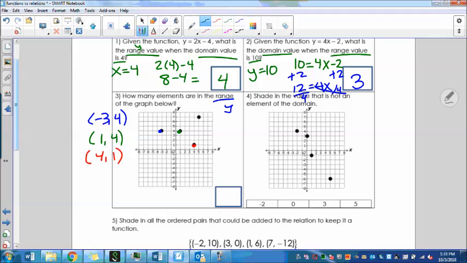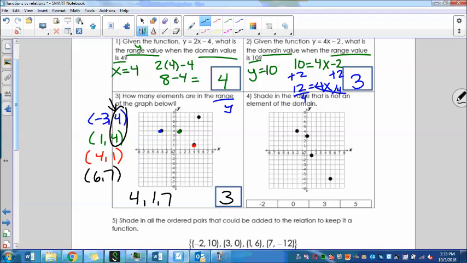And last we have 6, 7. So it says how many elements are in the range? Well, our range has 4, 1, and 7, right? It's our y values. So we have 3 elements in the range, because one of them repeats twice. This 4 repeats. So there's only 3 total.